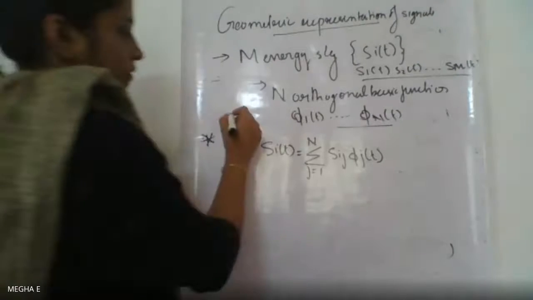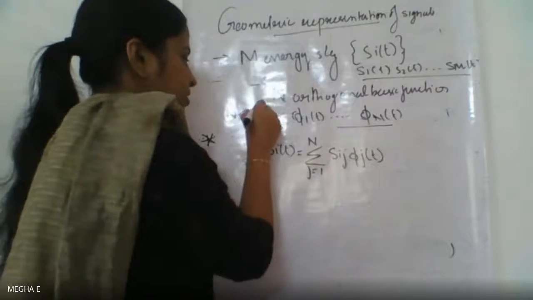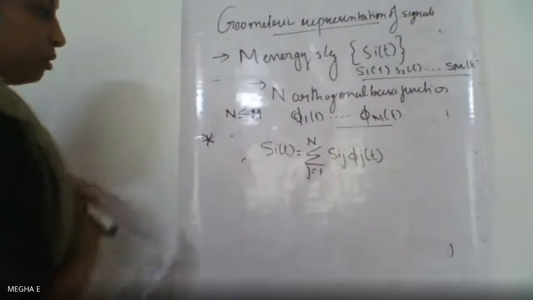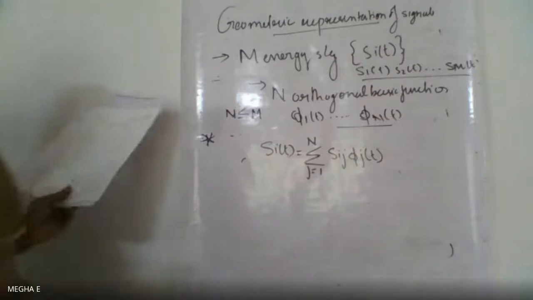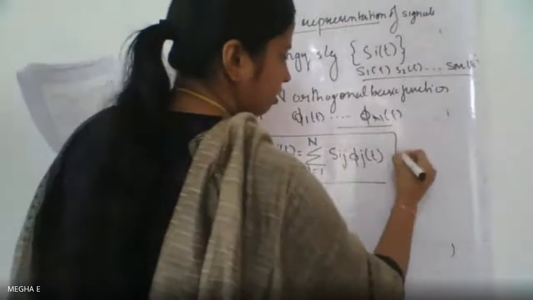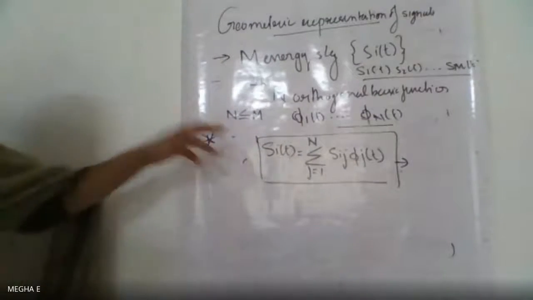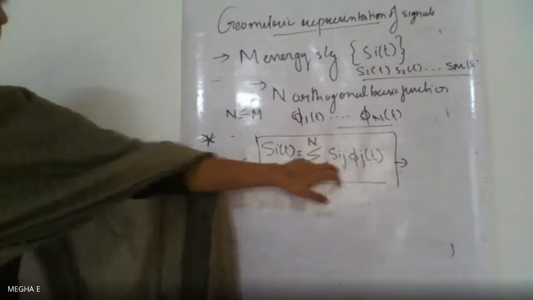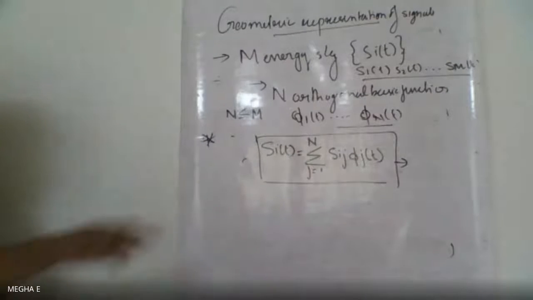Here we have the condition n less than or equal to m. n can take the value m also. So this is the general signal representation. We have represented the signal as a linear combination of n orthonormal basis functions phi j of t. Is it clear?